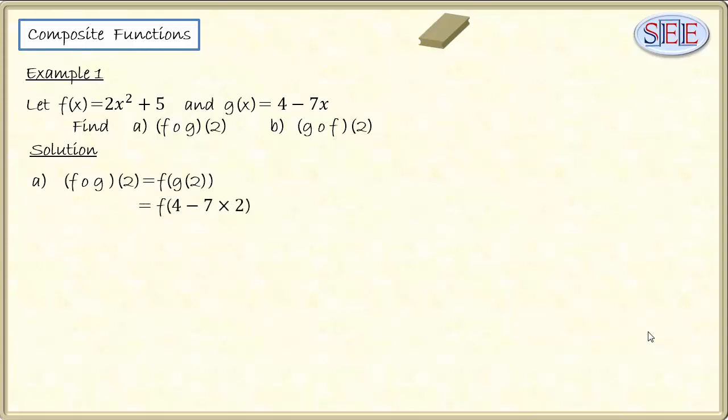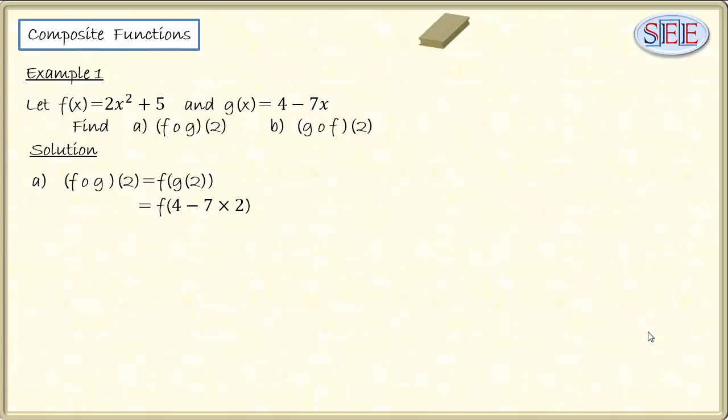To do that, I simply go to the formula for the function g and substitute x by 2. Remember the function g is defined by the formula g of x equals 4 minus 7x, so that x in 7x will now be replaced by 2.